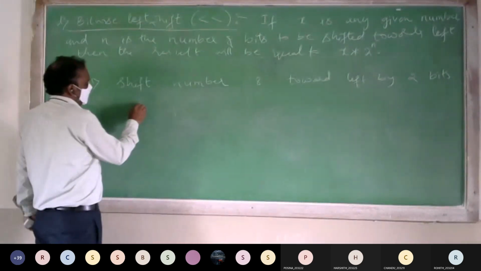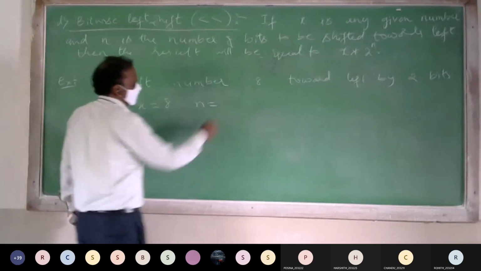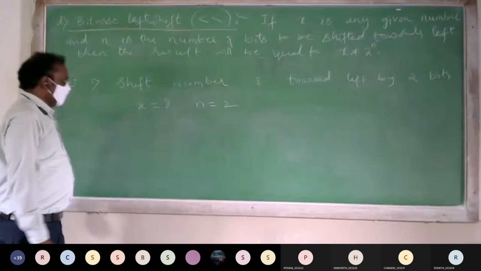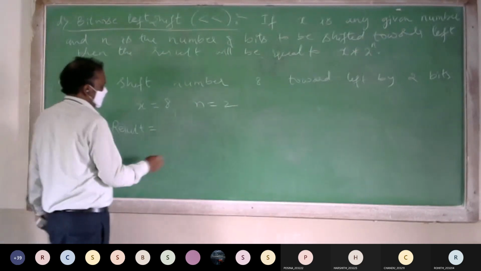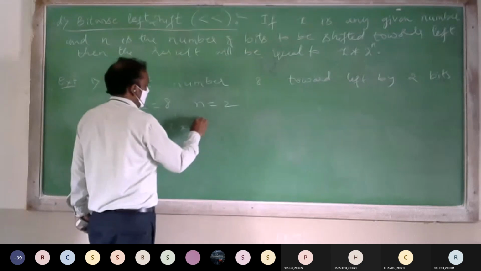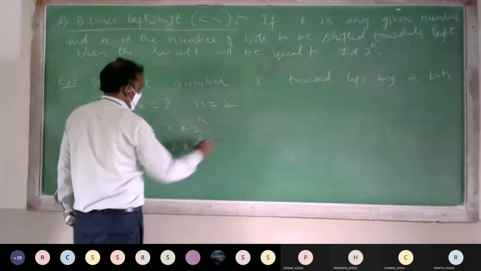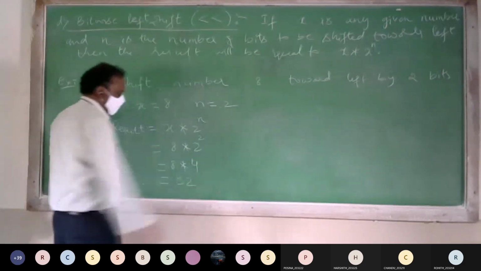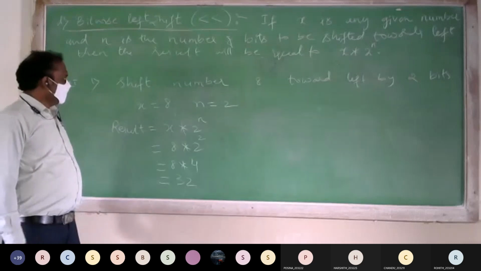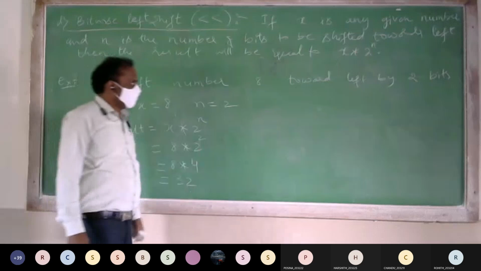That means x is equal to 8, n is equal to 2. The result is equal to x into 2 power n. X is 8, 8 into 2 power 2, 8 into 4. What is 8 into 4? 32. Now, here I have used the formula, x into 2 power n.